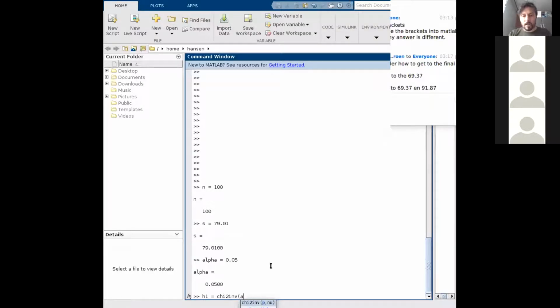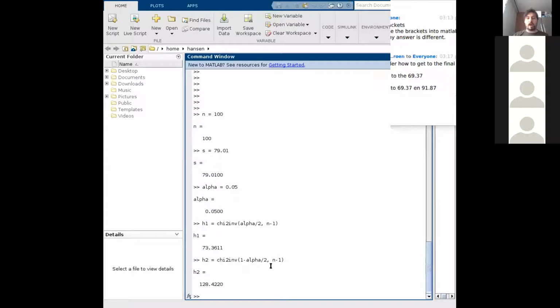That would be alpha divided by 2 and n minus 1. That's directly from there. So I get 73.3611 for that H1. And then H2, I get 1 minus alpha over 2 and n minus 1. So I get 120. So those are the results that I get. Now that's the upper and the lower limit in my chi-squared distribution.